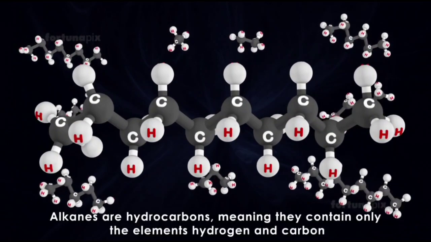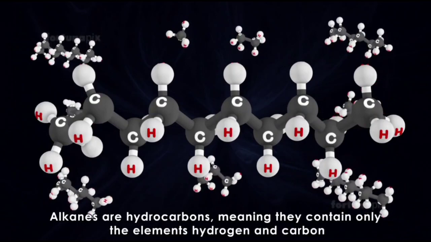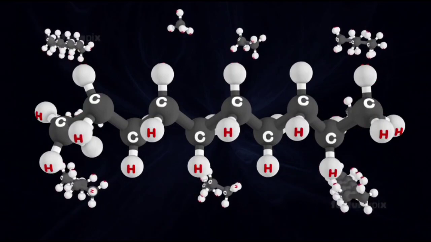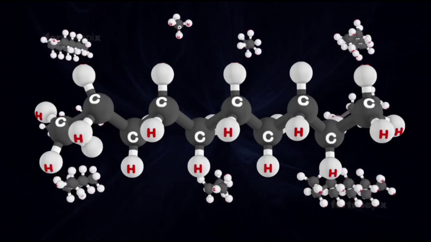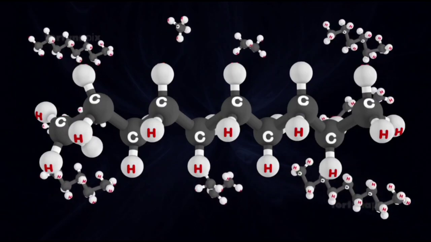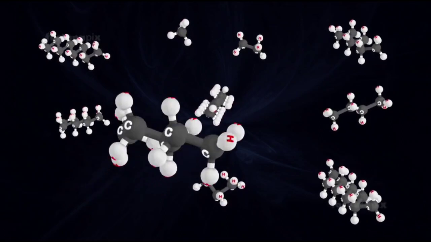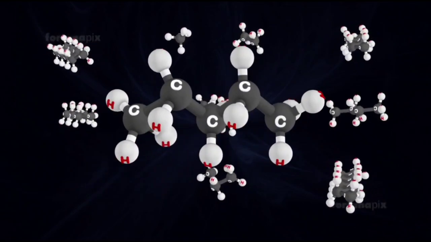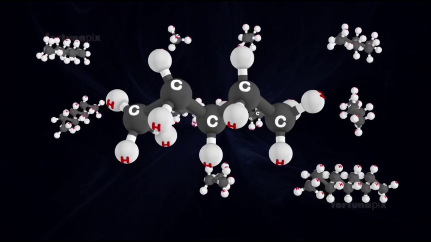Alkanes are hydrocarbons, meaning they can contain only the elements of hydrogen and carbon. Alkane nomenclature uses a system of prefixes to identify the number of carbons in the longest continuous chain. The "ane" ending in the name pentane indicates that all of the carbon-carbon bonds in the molecule are single bonds.